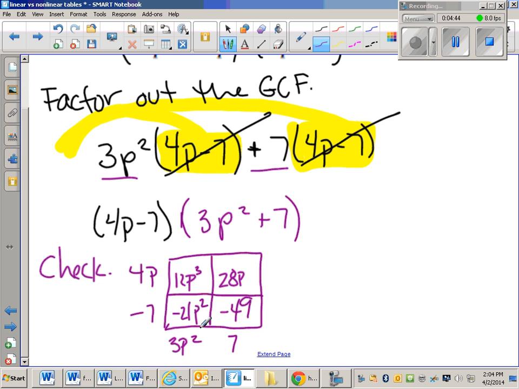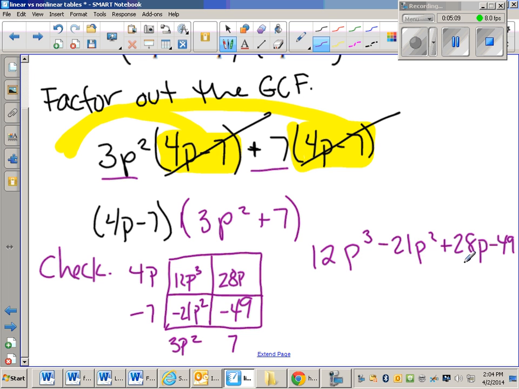This time there's no like terms to combine. So our answer is the exact same as what we started with, which was 12p cubed minus 21p squared plus 28p minus 49. Okay? So it's how you factor by grouping. You group together two binomials and then factor out the greatest common factor.